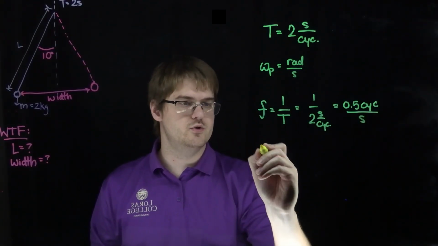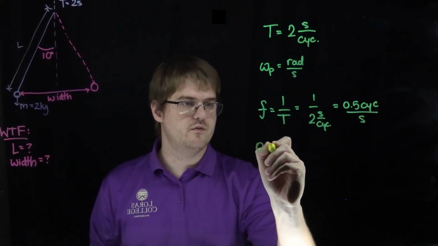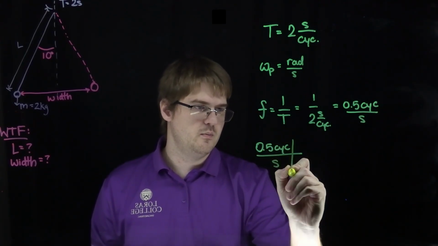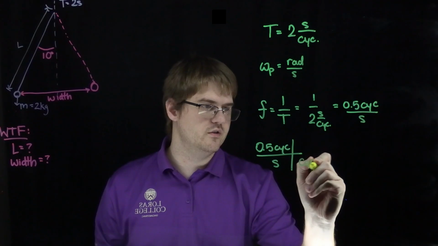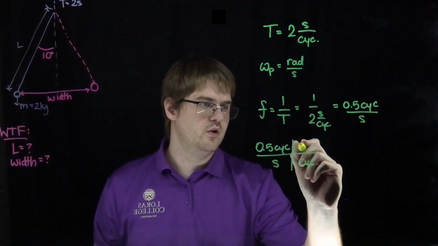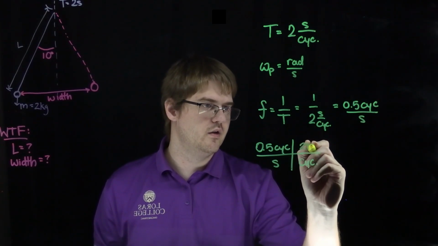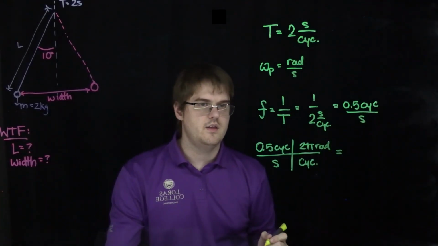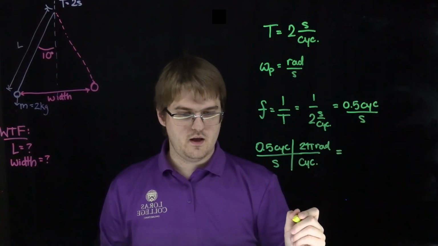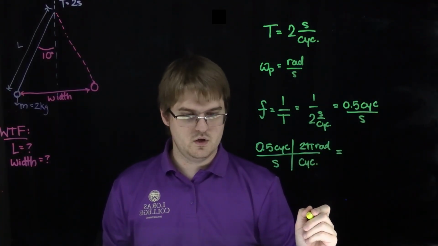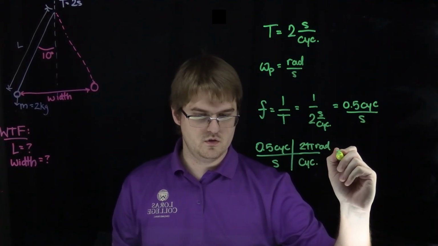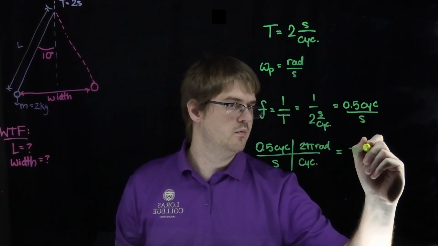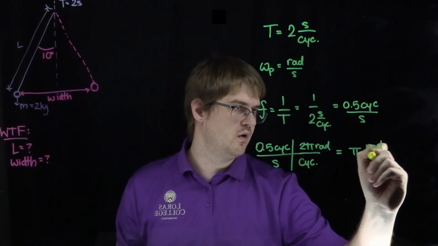And then we can just do our normal 0.5 cycles per second. And a full cycle is going through 2 pi radians, and that is going to give me an omega value of pi, yeah, it's just pi radians per second.